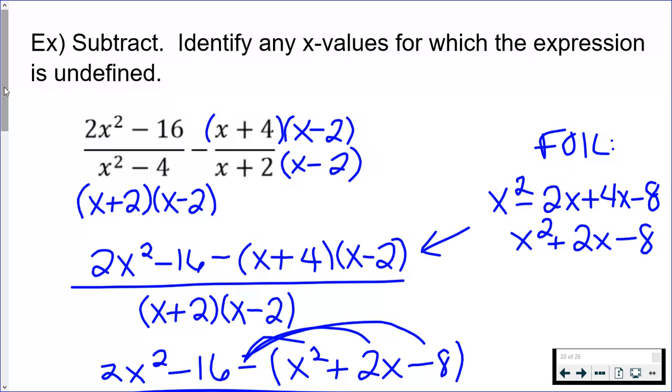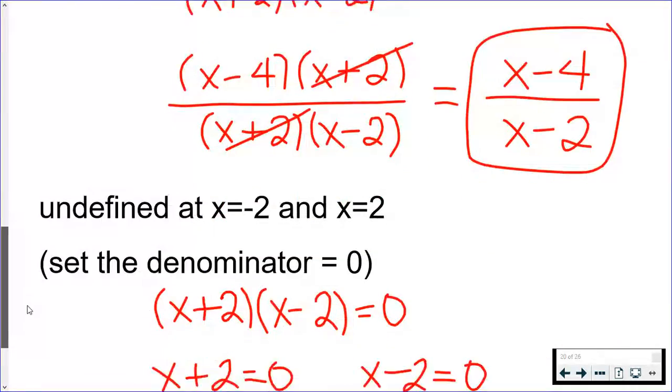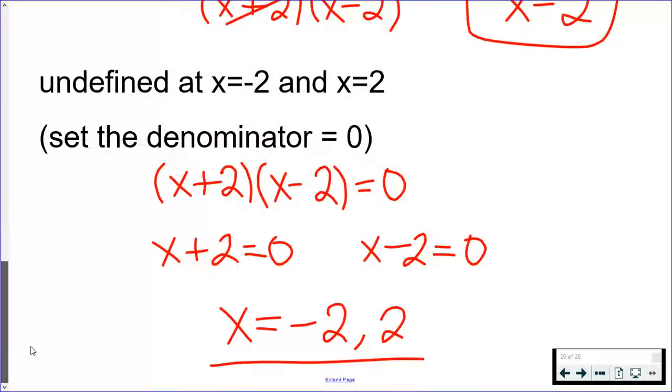So we're taking our common denominator, which is x plus 2 times x minus 2, and setting it equal to 0 and finding those x values. So it would be undefined at -2 and +2. When you set your common denominator equal to 0, you're solving x plus 2 equals 0 and x minus 2 equals 0, which tells you that this is undefined at -2 and +2.